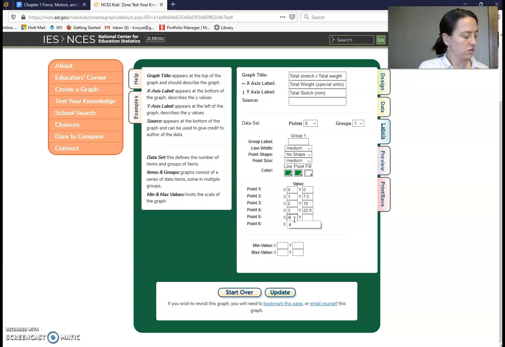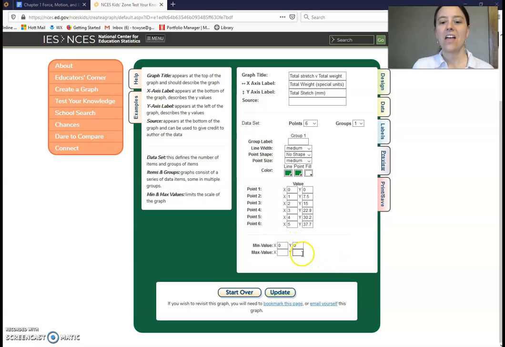And point 5 is going to be 4 and 30.2. And point 6 is going to be 5 and then 37.7.